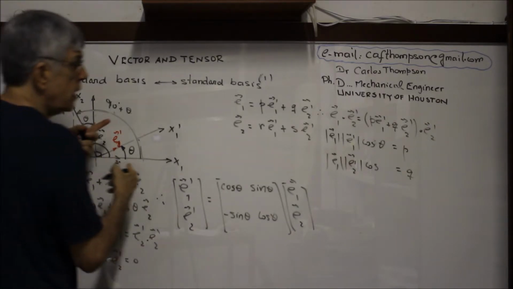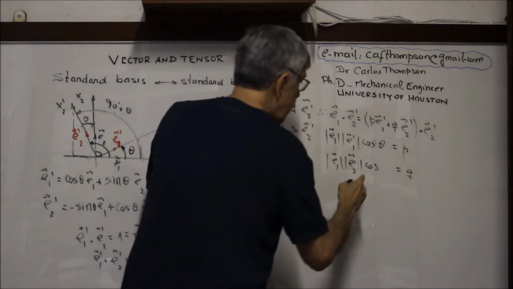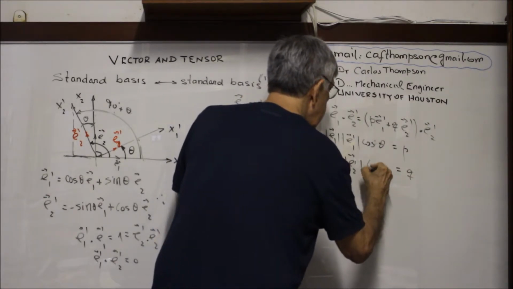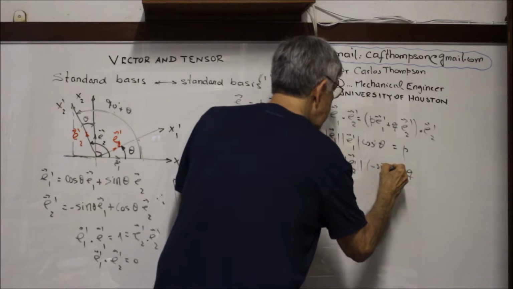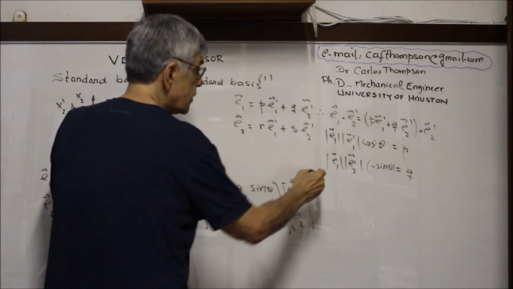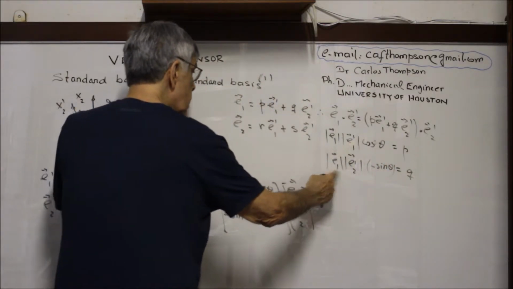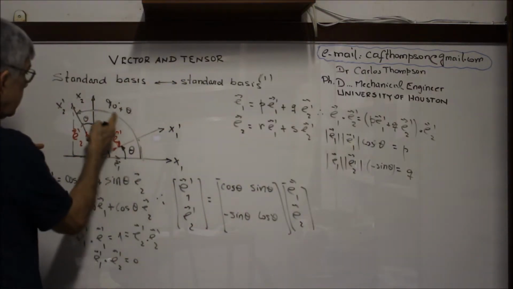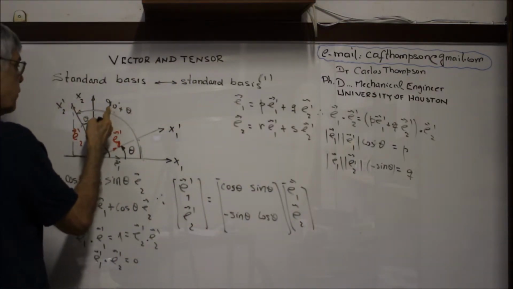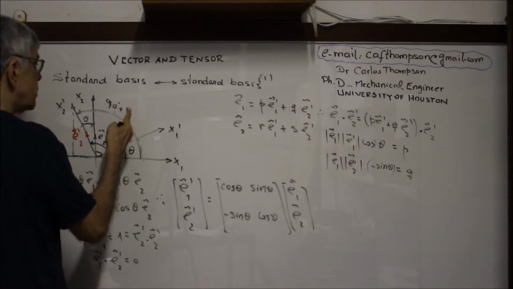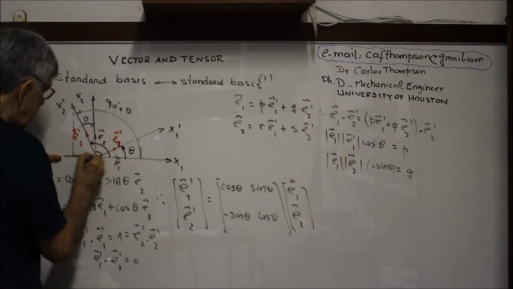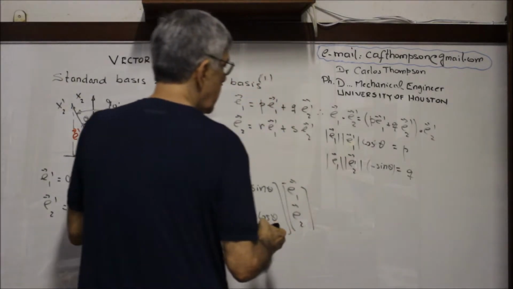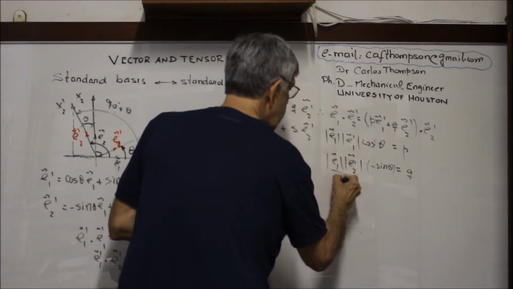So the cosine will be minus sine theta. Then I put here minus sine of theta, because the angle between E1 and E2 prime is this angle over here. Cosine of 90 plus theta is equal to minus sine theta, because the cosine is negative. So this is Q.